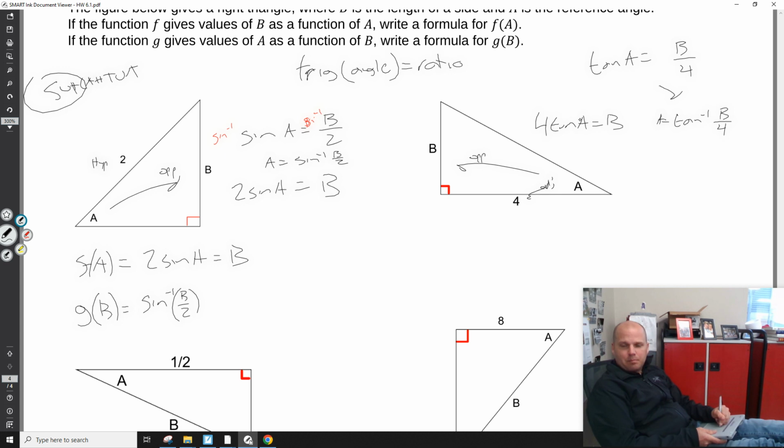Let's say I plugged in A, took the tan of it, like found the ratio tangent of that angle, multiplied it by 4. Boom, you're outputting B. Take that B, map it back to A, divide it by 4, take the tan inverse of it. Boom. Inverses are what we're creating.